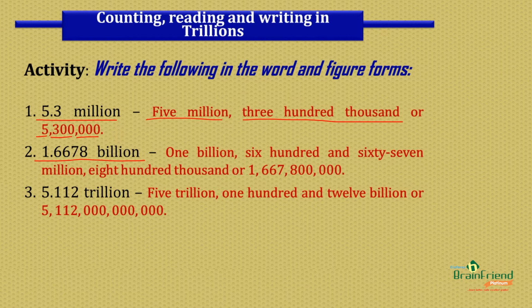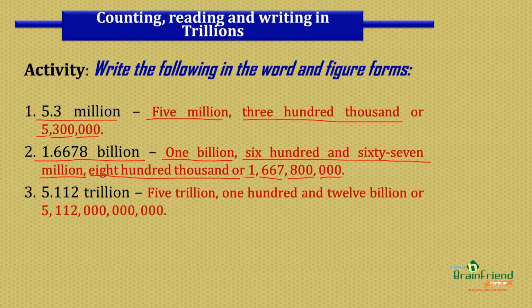Now, the main figure, which is the number in front of the decimal, is 1 billion. And then we have 667,800,000 in words. Now in figures, we have 1, that is 1 billion. We have 667, that is 667 million. Then we have 800,000 and 3 zeros.